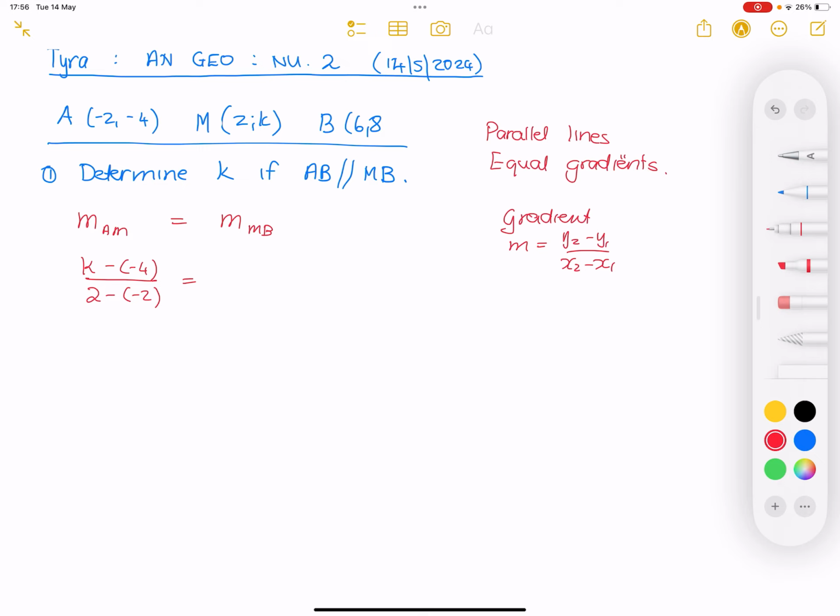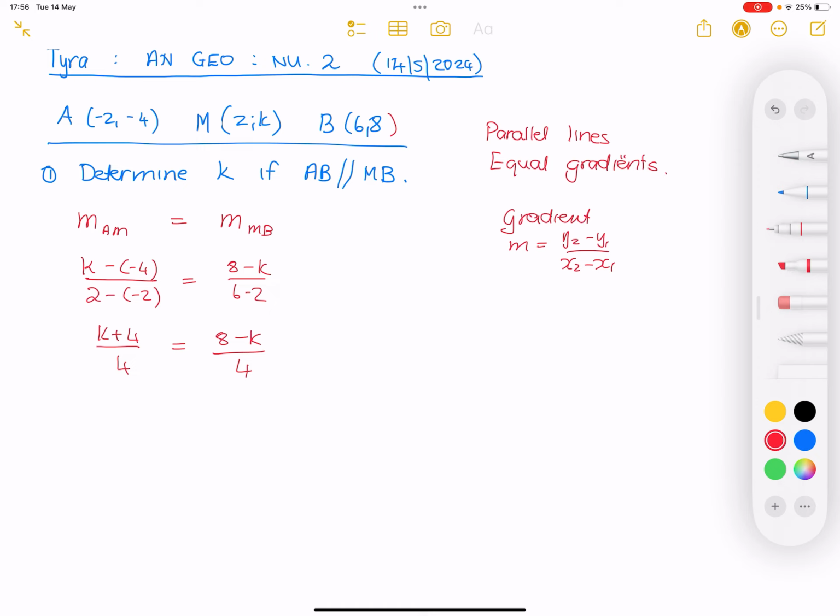And that must be equal to 8 minus k, because I subtract like that, over 6 minus 2. So that means k plus 4 over 4 is equal to 8 minus k over 4.